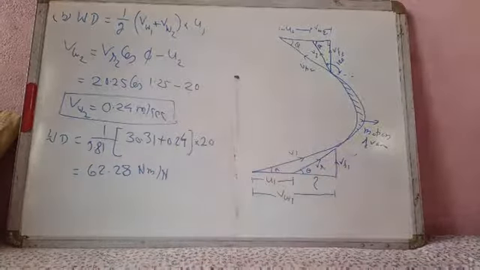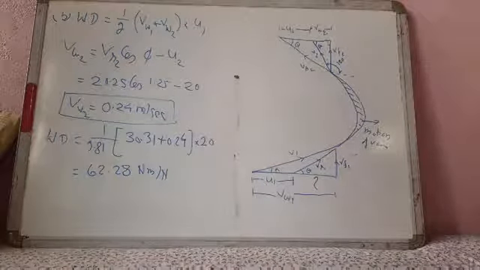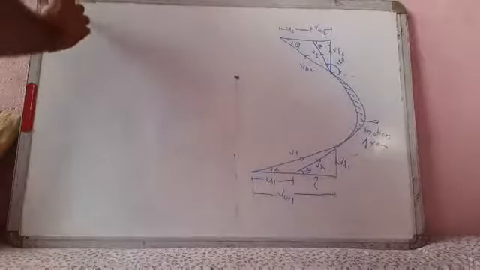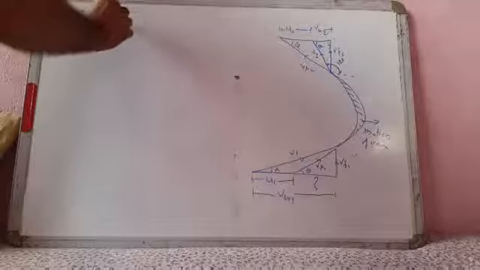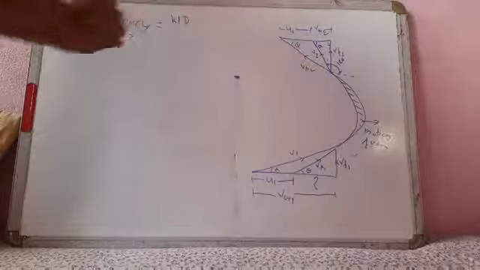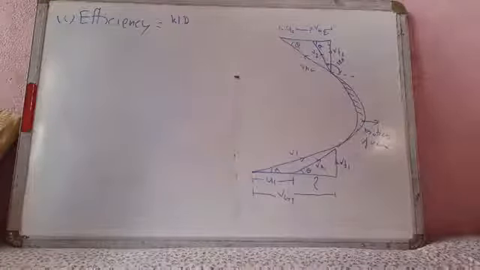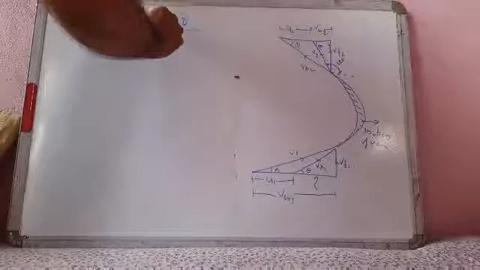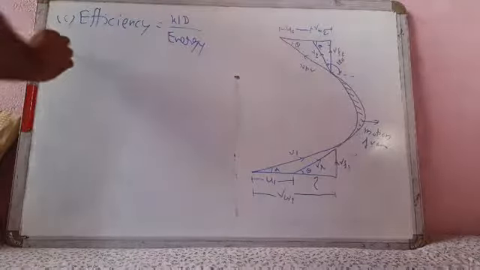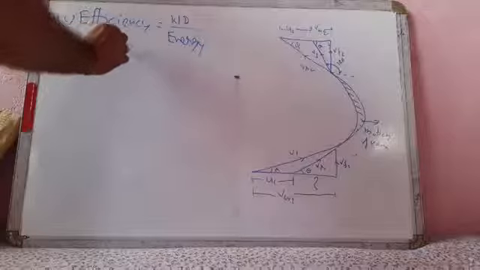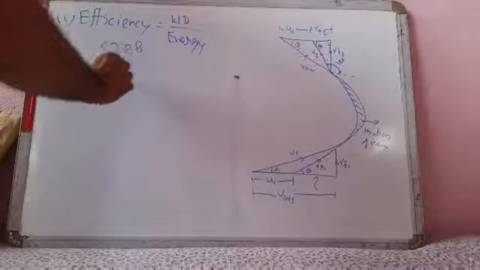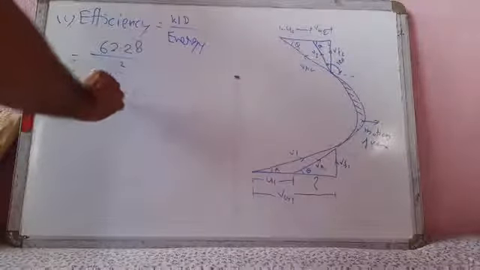Now for the efficiency, equal to work done per kg by energy supplied per kg. So this is 62.28 by V1 square by 2g.